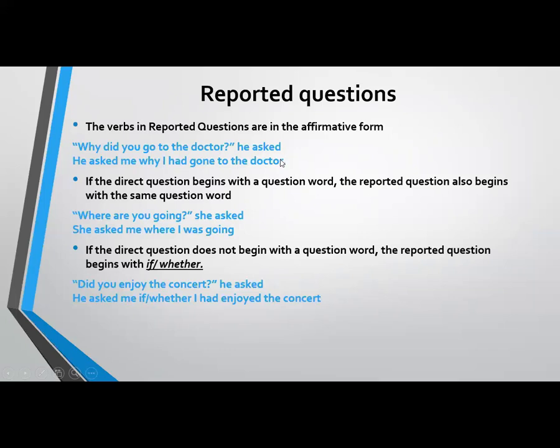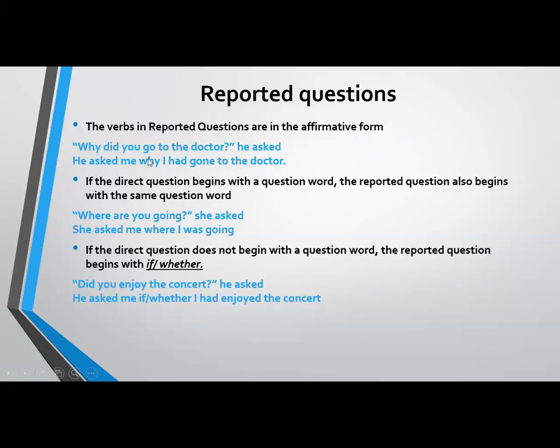Remember that the verbs in reported questions are in the affirmative form. So from the direct question, "Why did you go to the doctor?" he asked, we will change it into an affirmative form. He asked me why I had gone to the doctor.